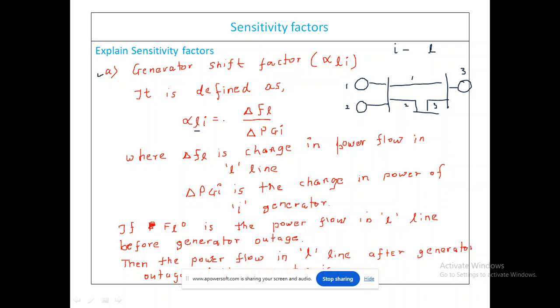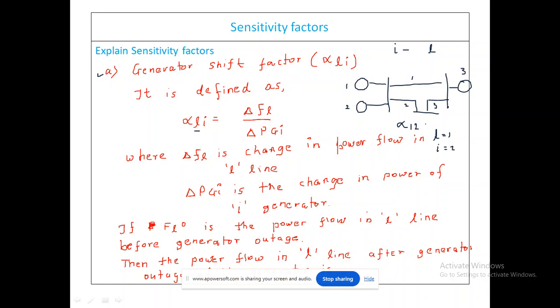Now suppose I am calculating alpha 1 2. What is alpha 1 2? Here I have taken L equal to 1 and I equal to 2.